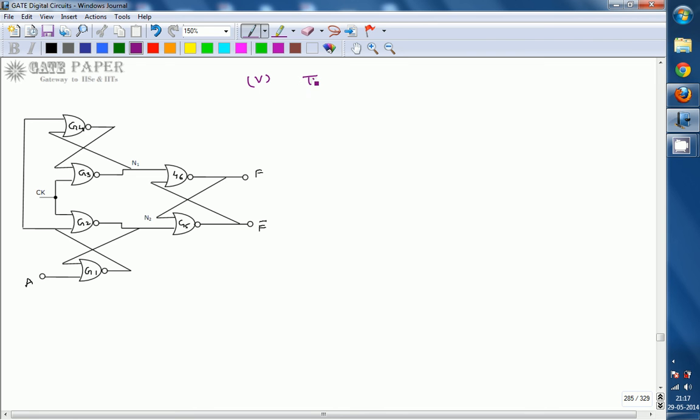This circuit performs as an RS latch, with n1 equal to R and n2 equal to S. So this circuit is similar to an RS latch with n1 as reset input, n2 as set input. Okay, thank you.